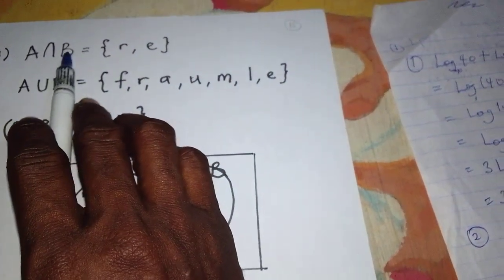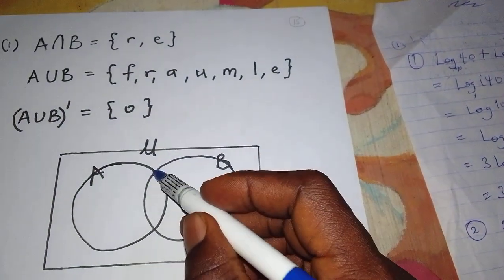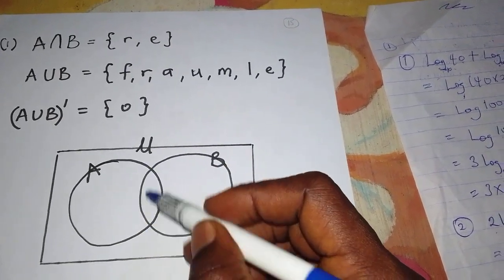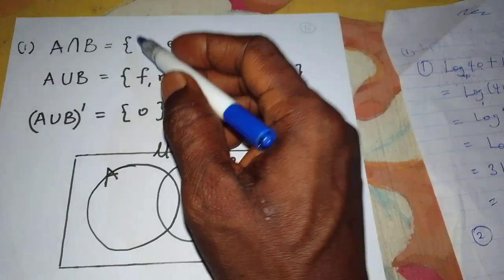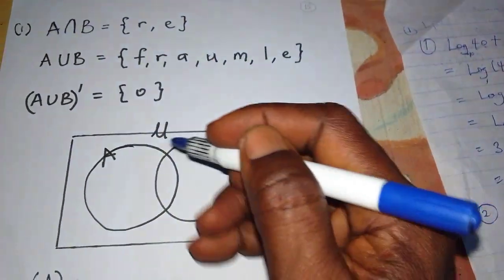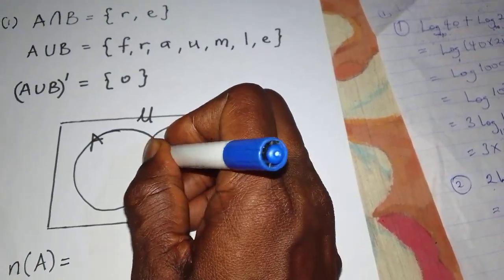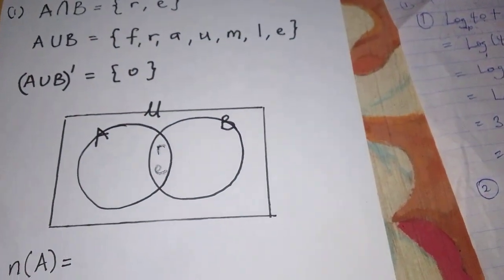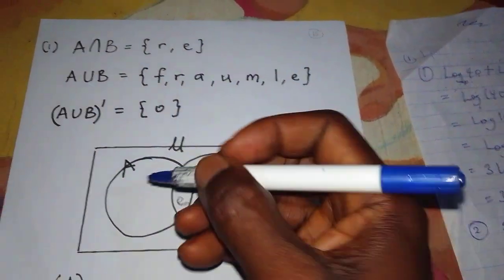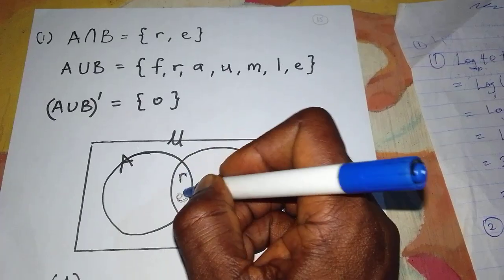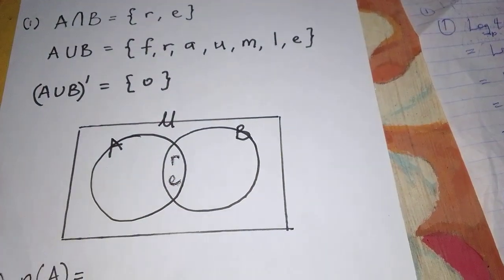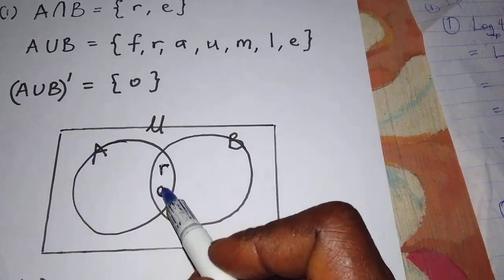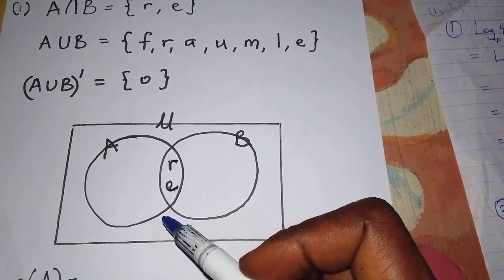So where these two circles intersect is where you put A intersection B. We have R and E, so you write the letters R and E where the two intersect.